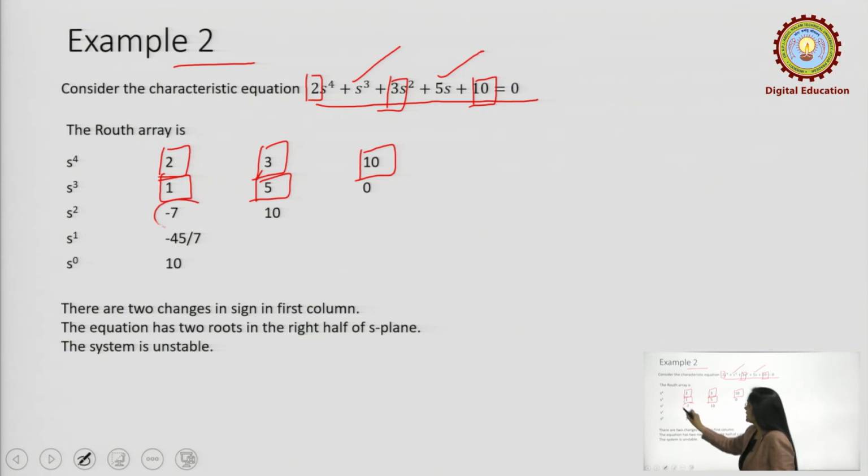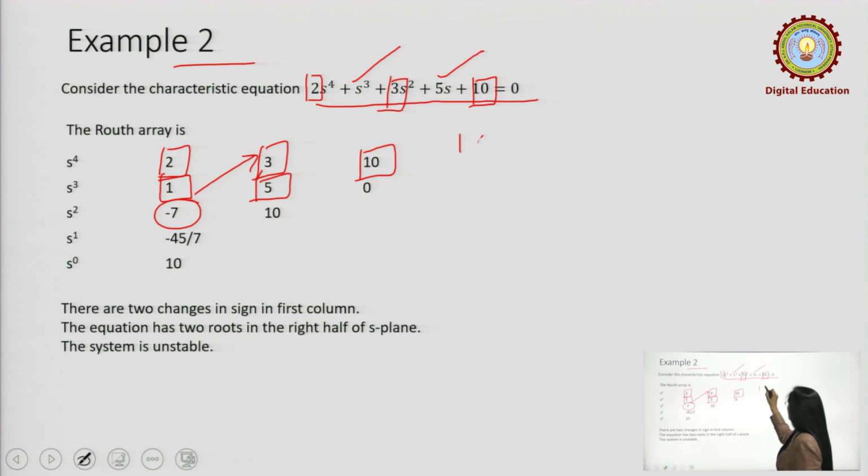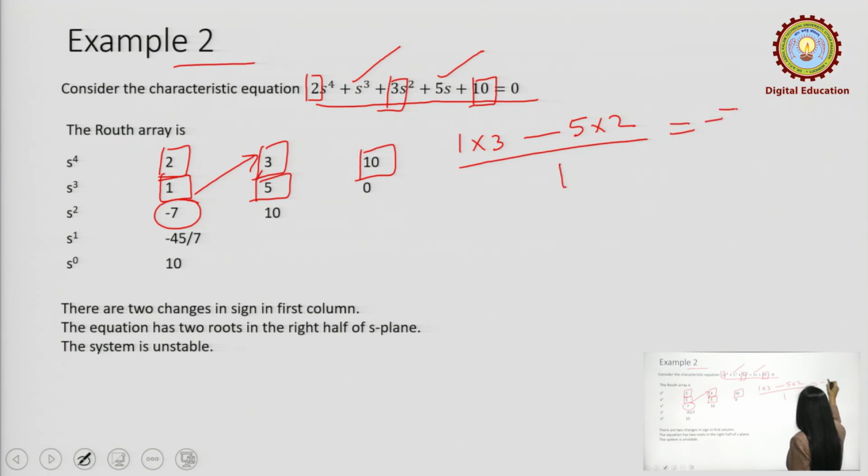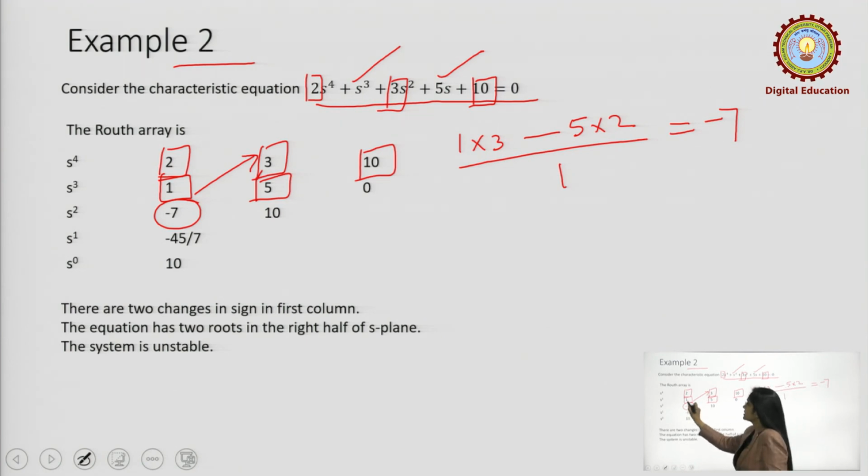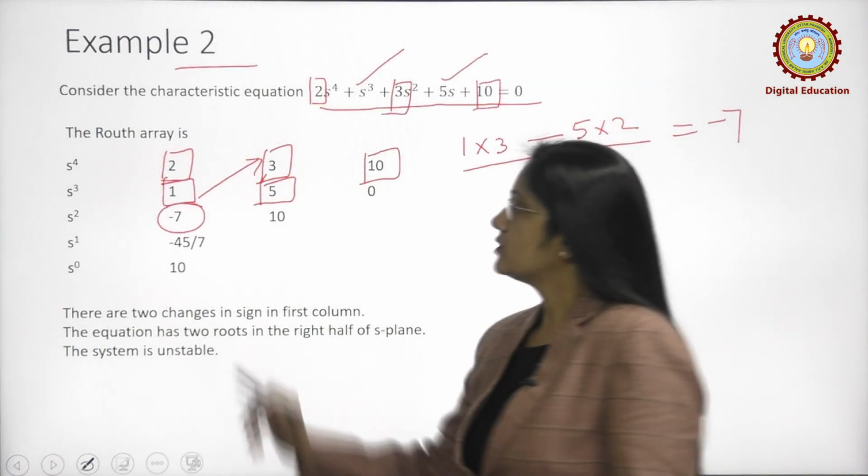Obtaining the first element, it is 1 into 3 minus 5 into 2, divided by 1. The value comes out to be minus 7, and when the value is minus 7 here, there is a change of sign from the previous row, that is, between the second row and the third row, there is a change of sign in the first element.